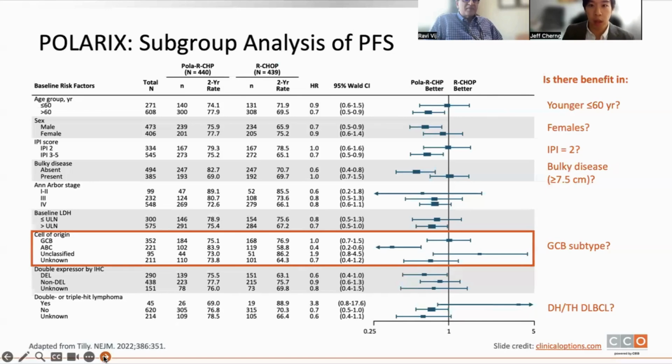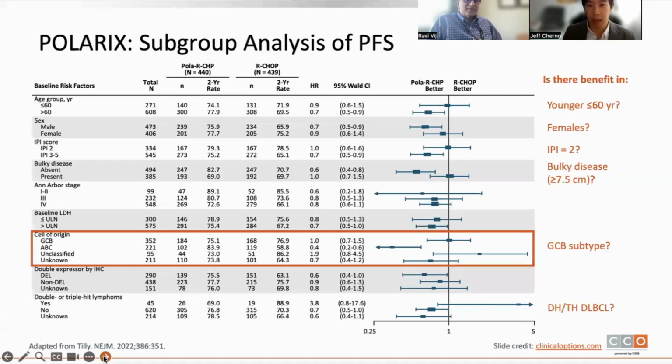Patients with a higher IPI score of 3 to 5 seem to benefit a little bit more, which I think does make sense when you're thinking about potentially replacing a classical chemotherapy with a novel agent. What's, I think, most interesting is potentially the preferential benefits in patients with activated B-cell DLBCL.